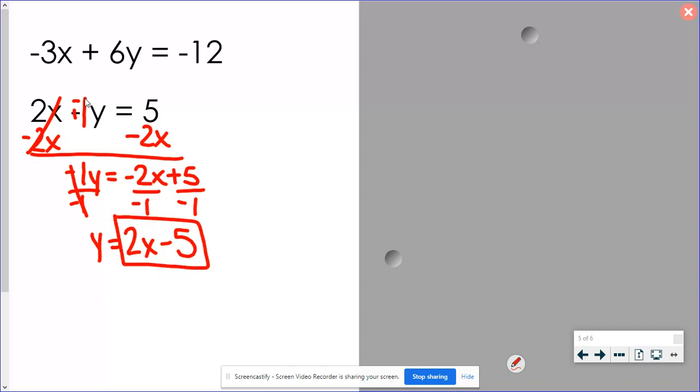That's what the y is. That is going to go where the y is. So I'll have -3x plus 6 times 2x minus 5 equals -12. I have to move this over just a bit.